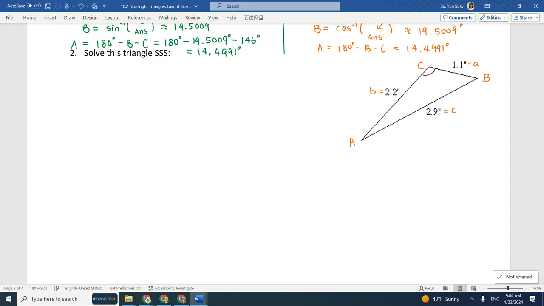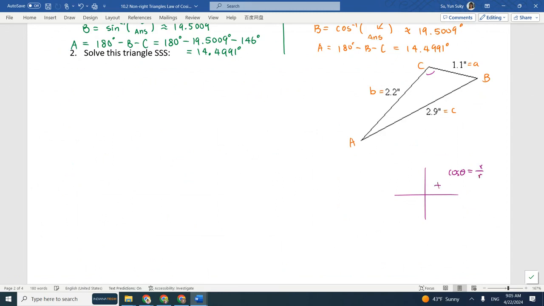Okay, and which angle do you want to find? Usually, if you look at the triangle, if you see an angle that is an obtuse angle, I would like to find it. Because for an obtuse angle, cosine theta is x over r, right?